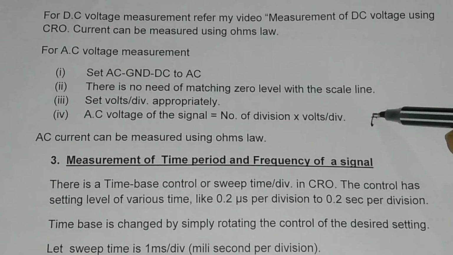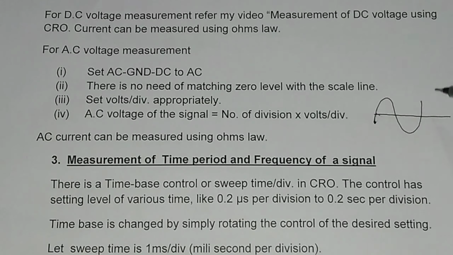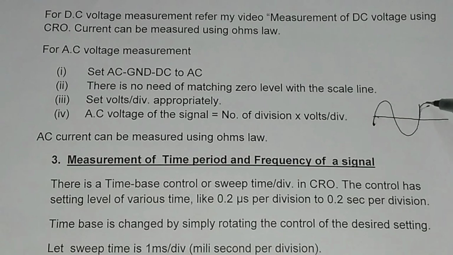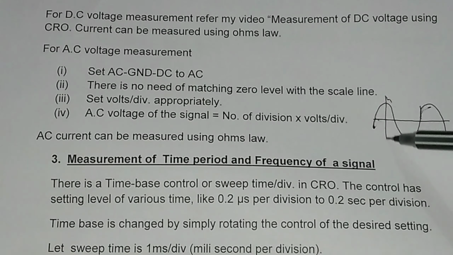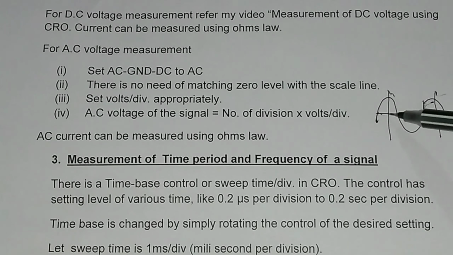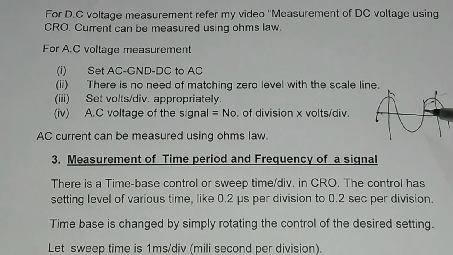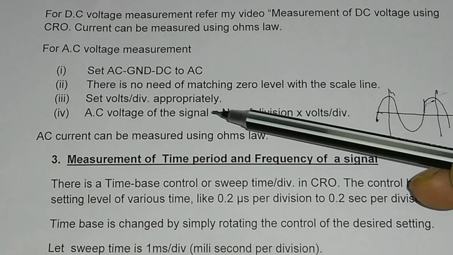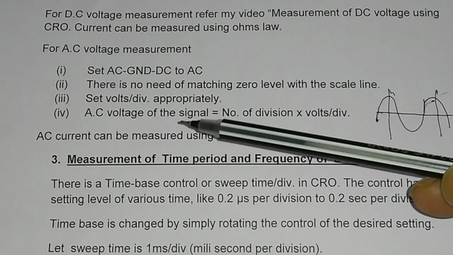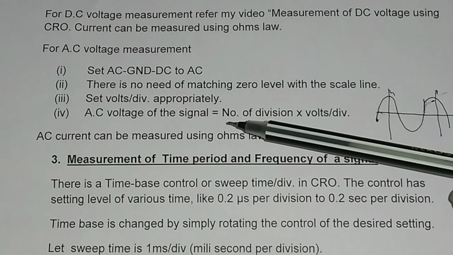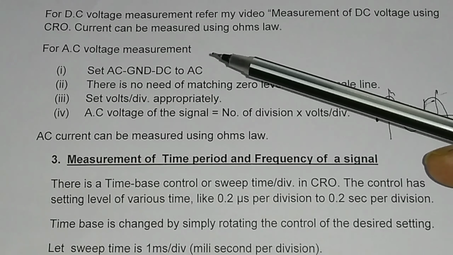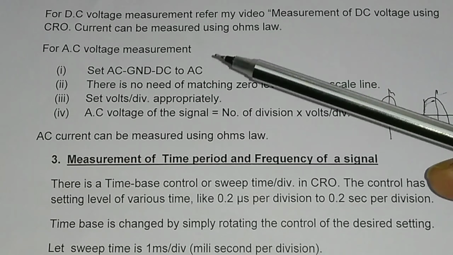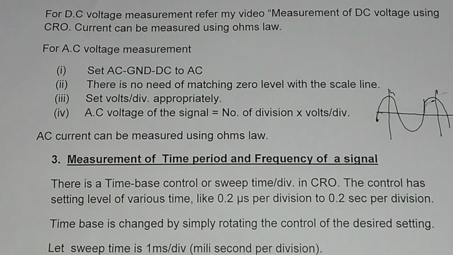I am drawing the signal like this, and from here to, let us say, here, you can calculate the number of divisions, and when you multiply it with the volts per division you have set on the switch, that will give you the AC voltage of the signal. Similarly, as I have told you, for the measurement of current you use Ohm's law.